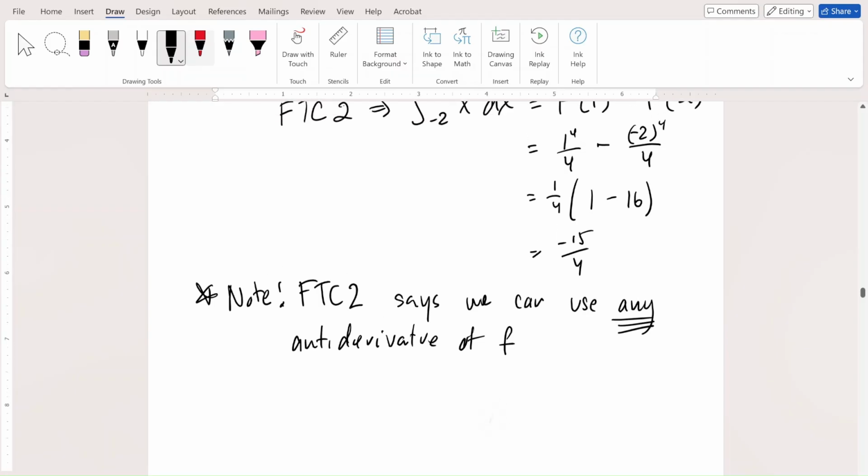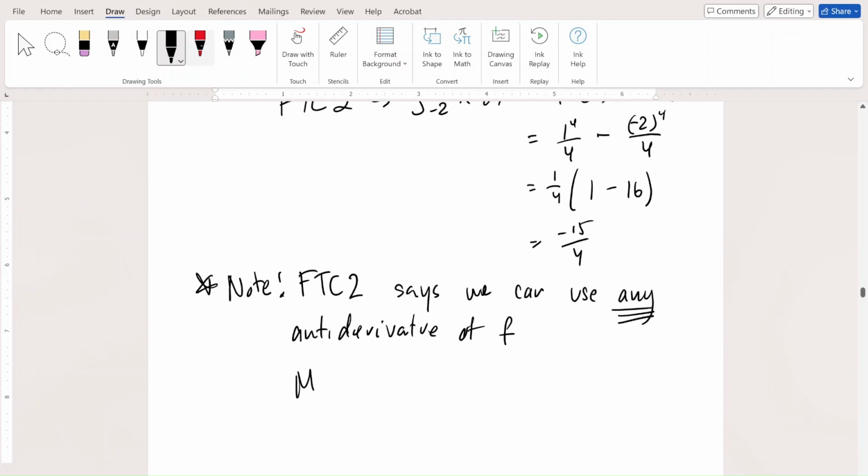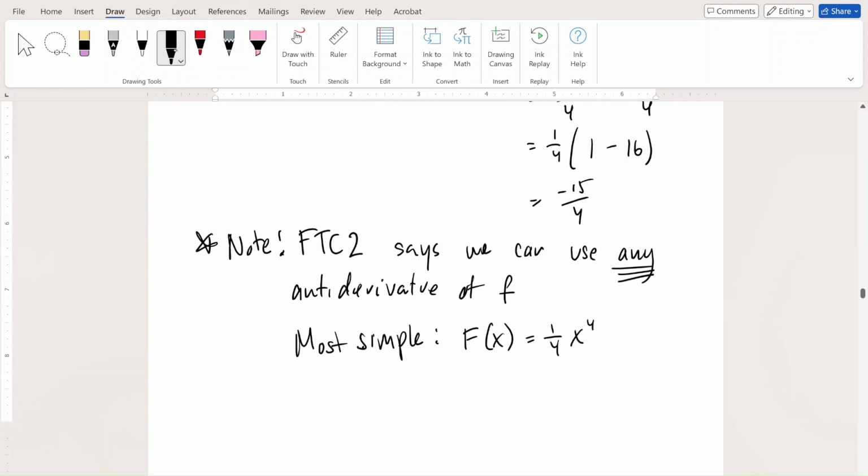So what we chose here, the most simple scenario of the antiderivative, was when capital F of x is equal to 1/4 times x to the fourth. What could have happened is that I could have used 1/4 x to the fourth plus like 7 or something, and it would still work.